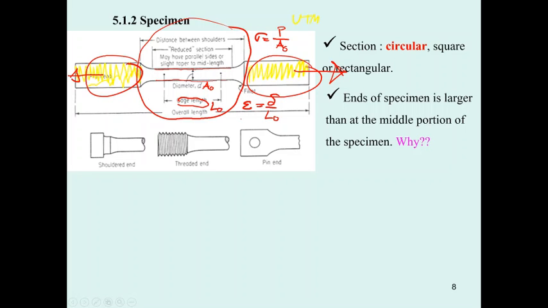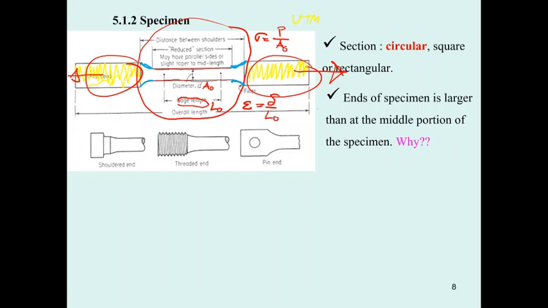So we reduce the section at the middle of this specimen to force the failure to occur in this area. And next, there is a transition area between the middle part and the end part, in this area. You can see this is kind of a smooth curve.